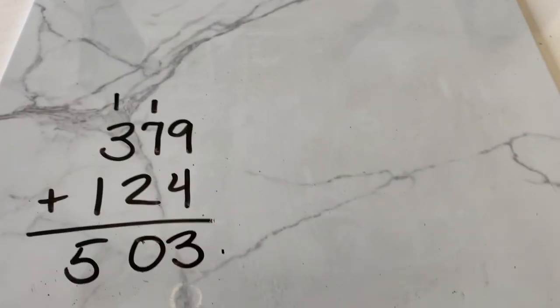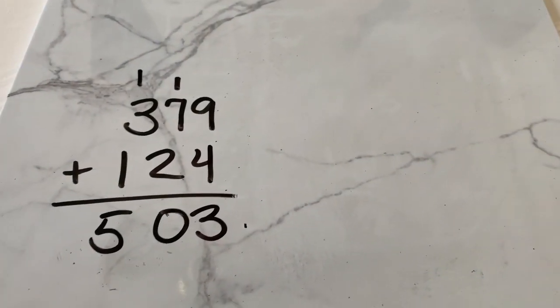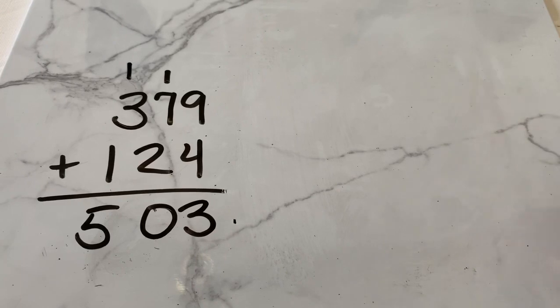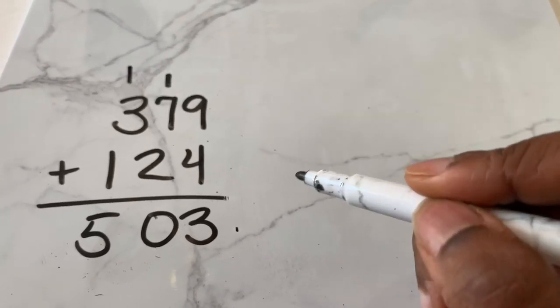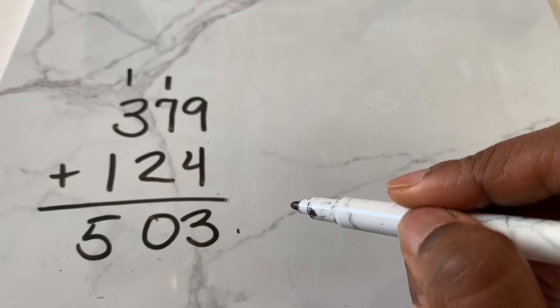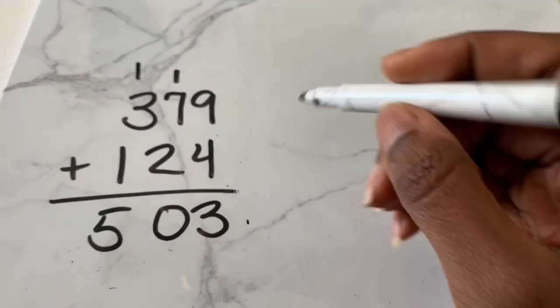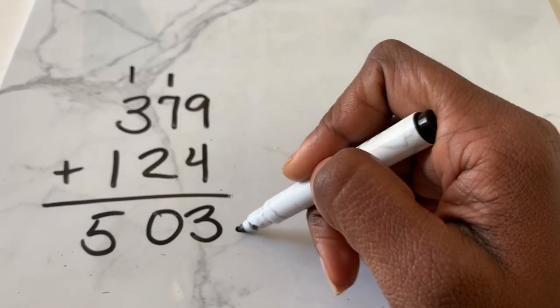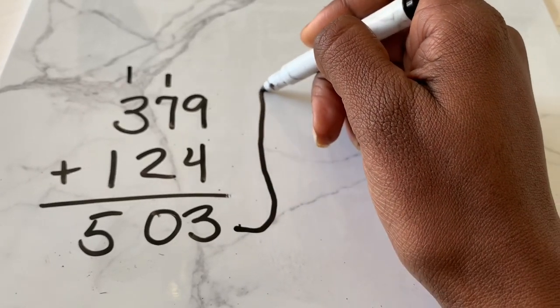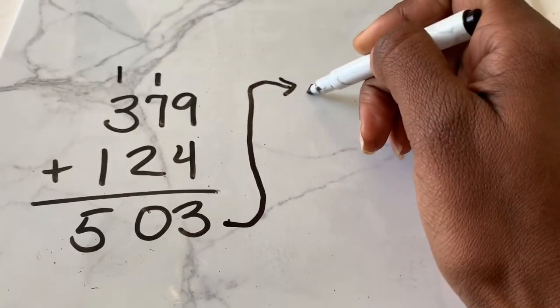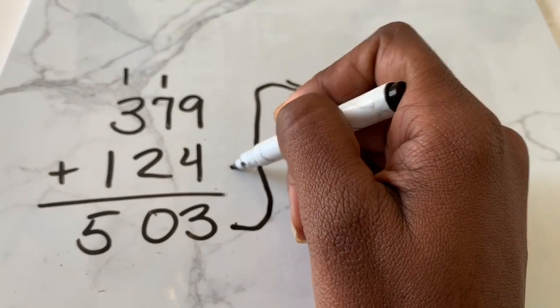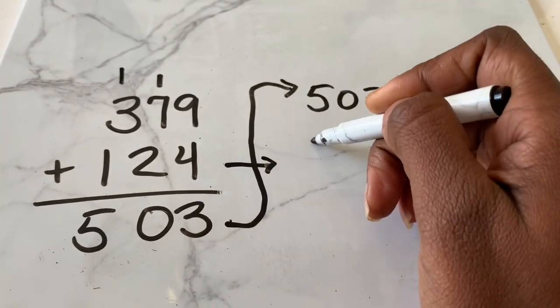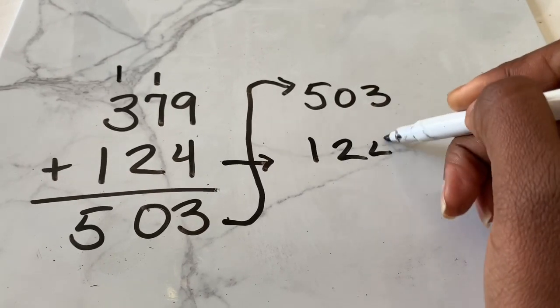Now, because there's no teachers when you're being homeschooled, you want to be able to check your work and make sure that it is right on your own. The way we do this in my class is by using the inverse. We take the answer to our problem, 503, and move it to the top. We take the middle addend, which is 124, and move it across.